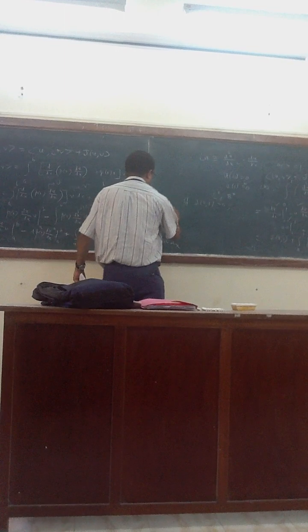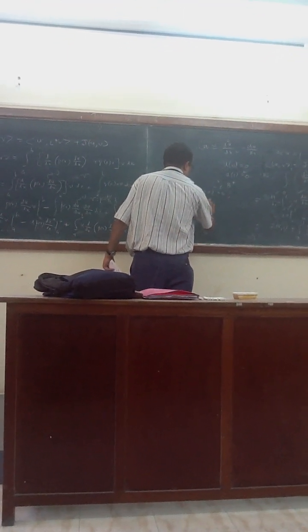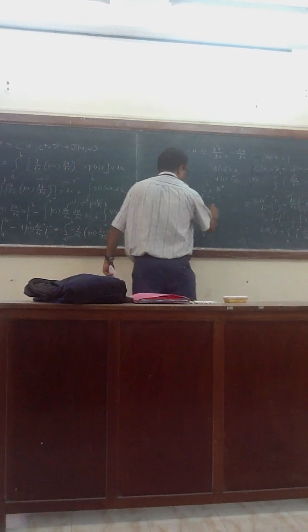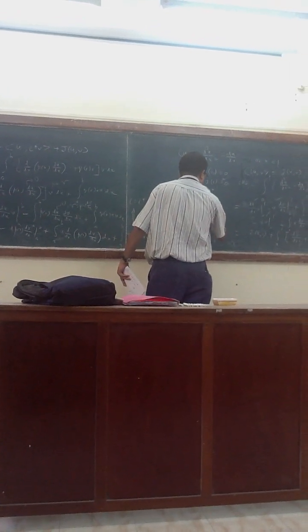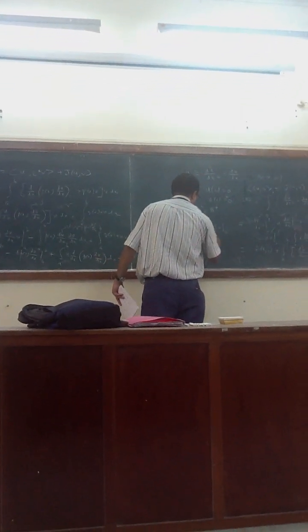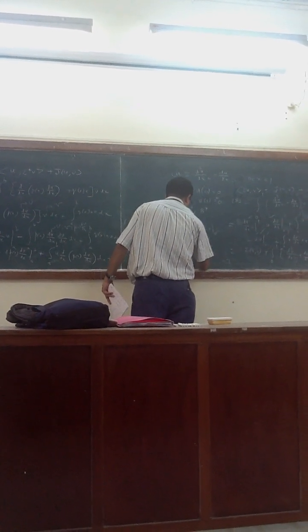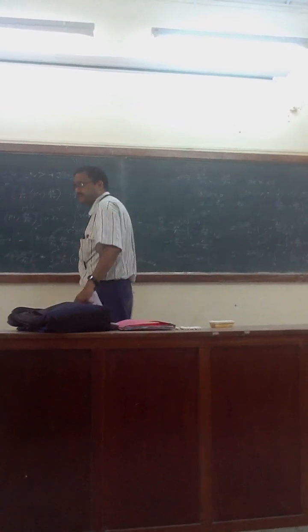So your JUV is du dx v at 1 minus du dx v at 0 minus u dv dx at 1 plus u dv dx at 0 minus uv at 1 plus uv at 0.